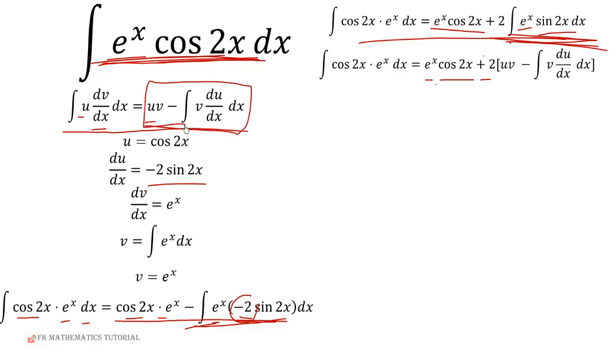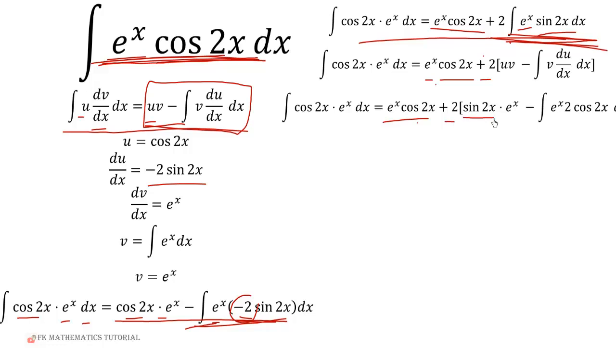So when we do that, what are we going to get? You'll get the integral of cos 2x e to the x dx is equal to e to the x cos 2x, which is already there, plus 2. Then now our u, which is sine 2x, times e to the x, which is v. The integral of v du again will give us this.